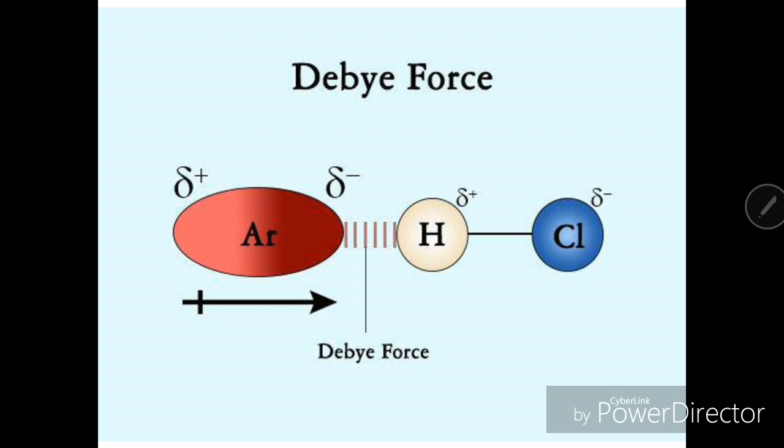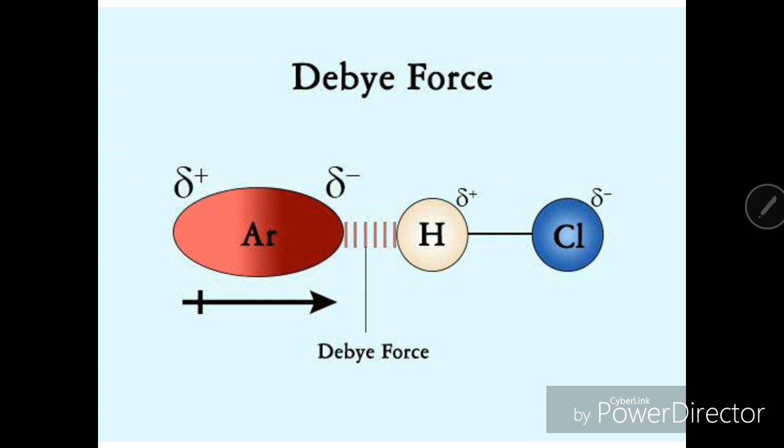This slide is showing you dipole-induced dipole interaction. One more example I have taken here. Dipole-induced dipole interaction is also called Debye force. HCl is a permanent dipole, and Ar is a non-polar atom. When an Ar atom, meaning an argon atom, approaches HCl, dipole-induced dipole interaction will work.